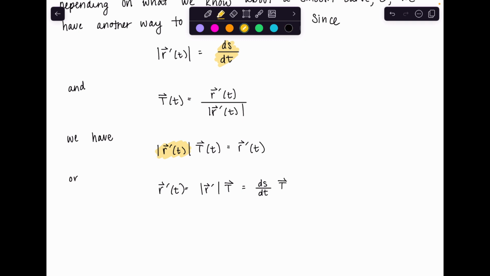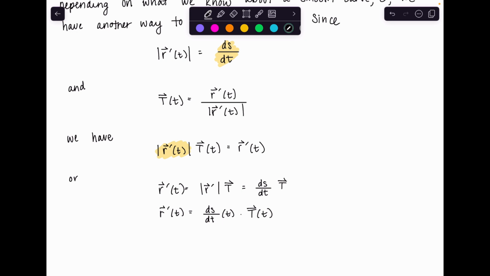So because I want to get T prime, I'm going to differentiate both sides of this with respect to t. Right now I have r prime of t is ds/dt, which is a function of t, times T of t, a function of t.